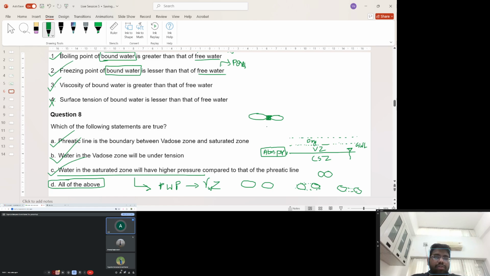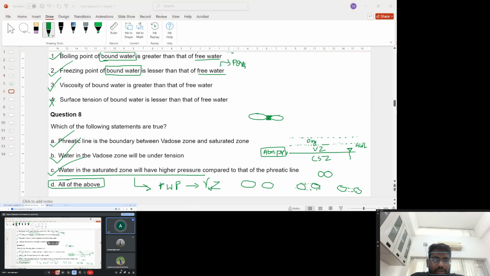So that is why water tends to pull the grains together. Here only I am getting a doubt, sir. Water is in tension, soil is in compression. But if the soil is in compression, why do we get a... sorry, I confused it with the tensile cracks in earth pressure.